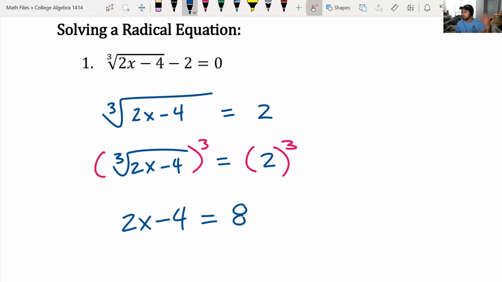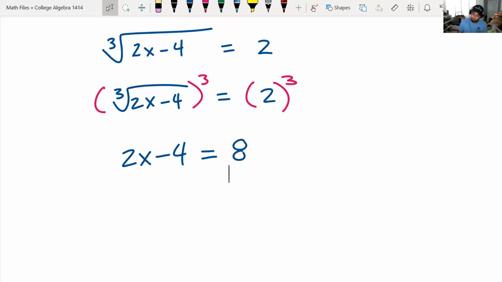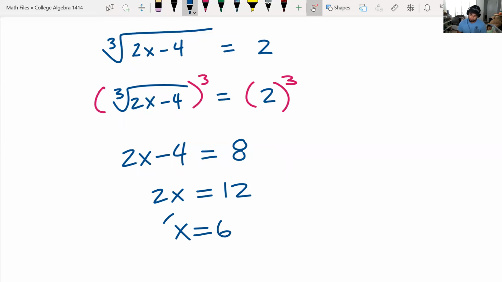All right, perfect. Now the radical is gone, which makes it easier to solve for x. So add that 4 over, and you get 2x equals 12, divide by 2, and x equals 6. And there is our solution.